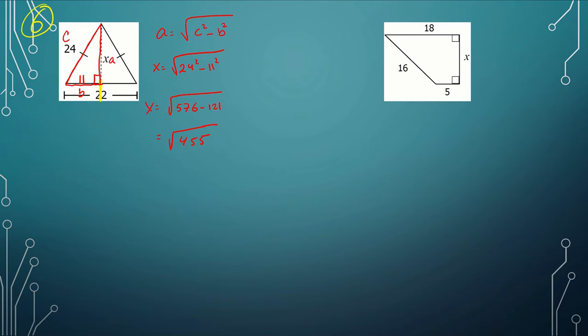Now, because 455 is a multiple of 5, we can divide 455 by 5, and we get 91, and we can't break that down further.